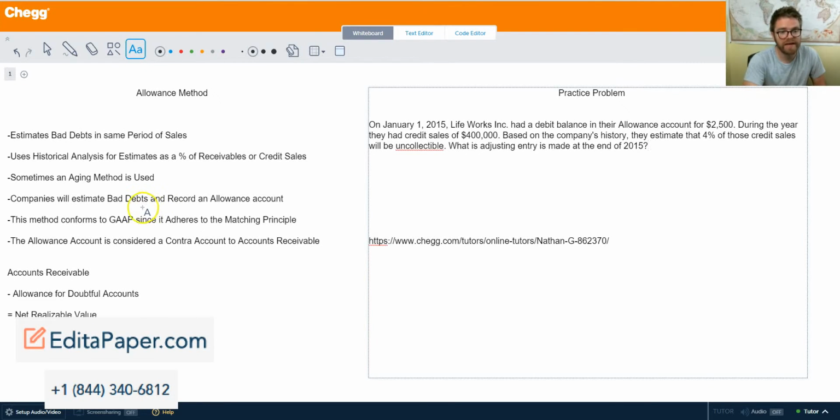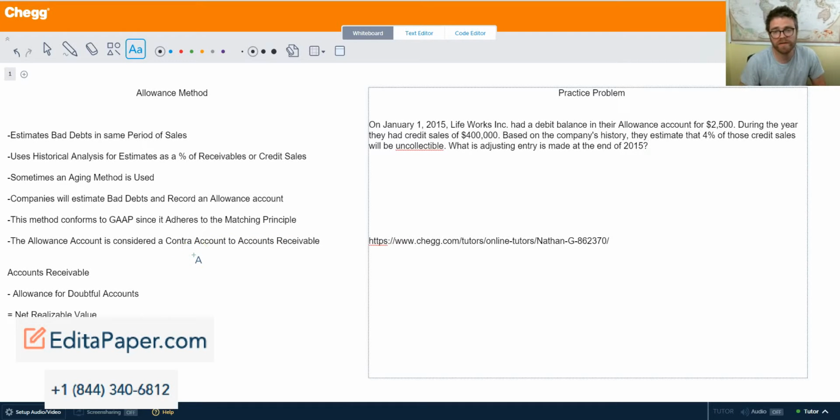So when they estimate these bad debts, they record what they call an allowance account. This allowance is just basically an estimate up front of what you think that you won't collect during the year. They just create that in advance, kind of like a precautionary measure, just to say, okay, most likely we're not going to receive this in cash, these sales, so we'll go ahead and create a little allowance account that actually will offset our accounts receivable.